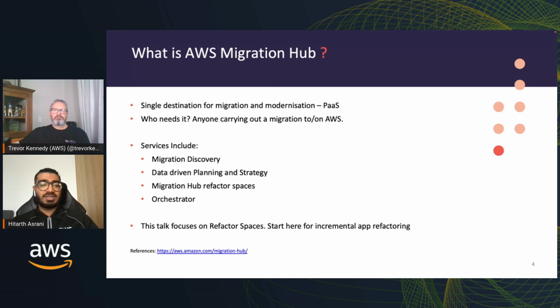So if you've got an existing workload on AWS that you're trying to modernize or update, or if you've got an on-prem server that you want to move to the cloud and you're thinking of moving to AWS, do look at Migration Hub. There's a bunch of services included in Migration Hub. So there's stuff around discovery, planning, and strategy, which is all data-driven, Migration Hub Refactor Spaces, which is what we'll be focusing on, and an orchestrator that basically helps you manage workflows during migration. So there's a lot to the service.